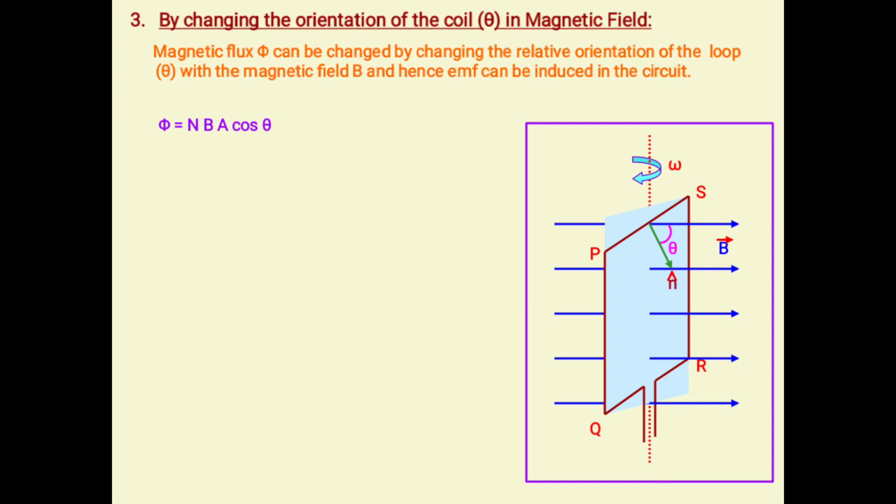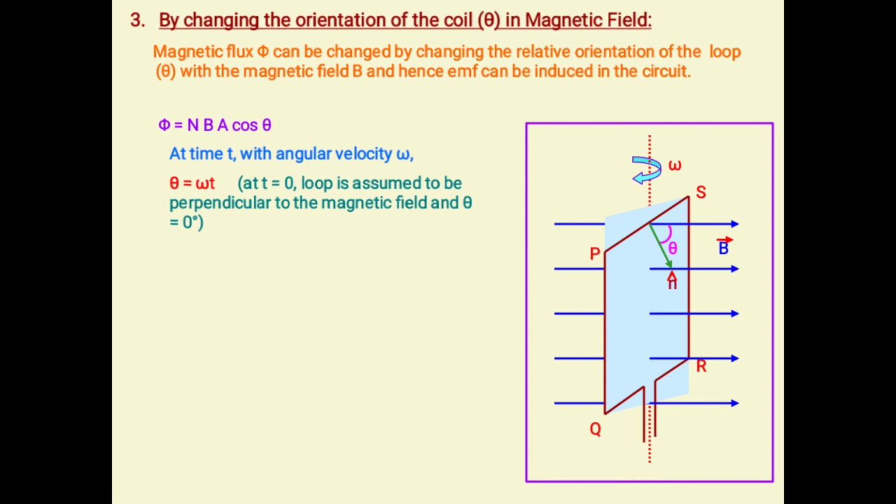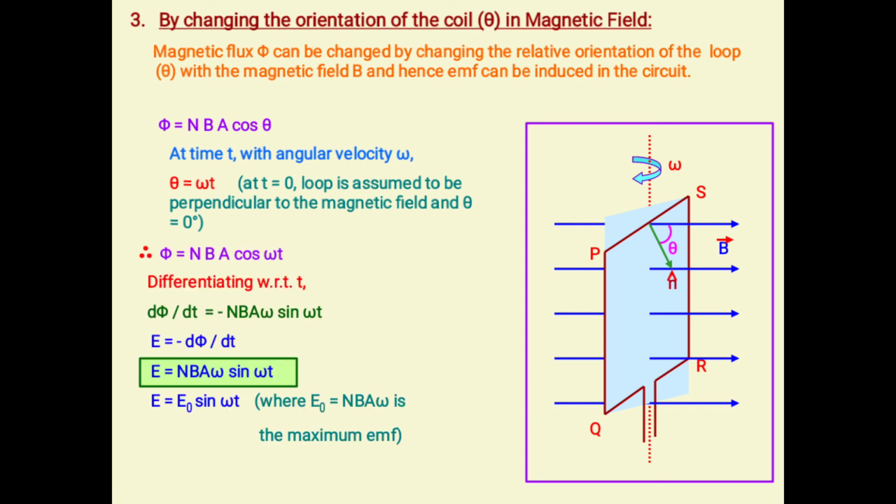Let the number of turns in the coil be N, therefore phi equals NBA cos theta at time t. Theta is no doubt omega into t. Omega is the angular velocity with which the coil is rotating. Phi equals NBA cos omega t. After differentiating, we will have d phi by dt.